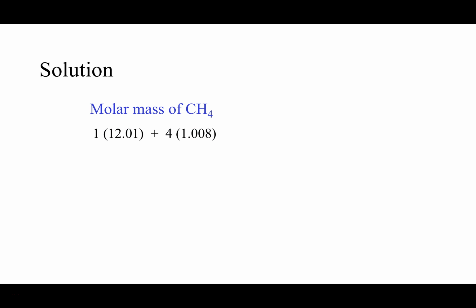So, using the periodic table, we're going to take 1 times 12.01 for carbon, plus 4 times 1.008 for hydrogen. We're allowed 2 decimals in our answer. That gives us 16.04 grams per mole. So for CH4, that means there's 16.04 grams of CH4 in 1 mole of CH4.